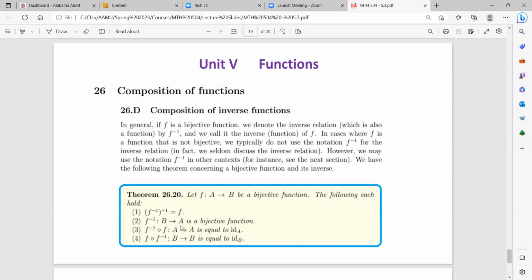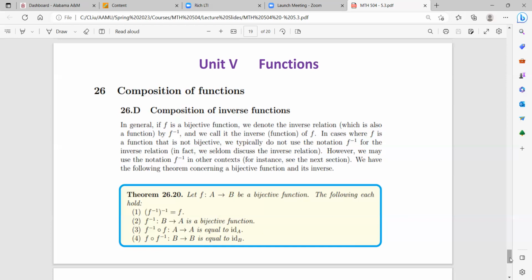Two: f inverse is from B to A, of course, and it's also a bijection if f is a bijection. Three: f inverse composed with f gives you the identity from A to A. Remember, f is from A to B. And four: f composed with f inverse is also the identity function, but it's from B to B because f inverse is from B to A.